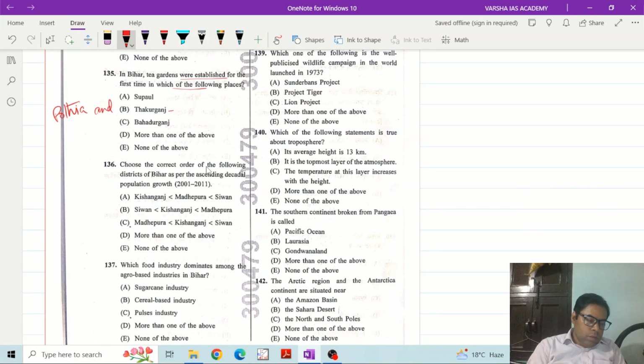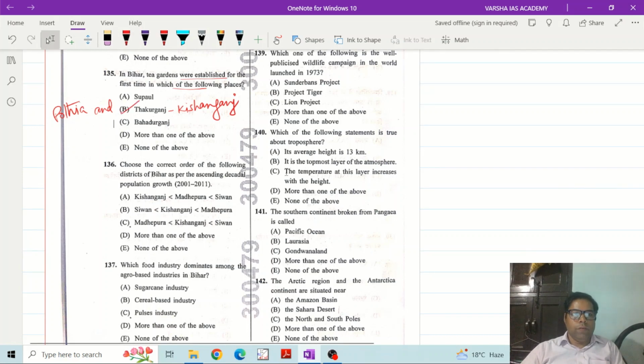So this is in the block of Kishanganj. So this is Thakurganj and Pothia, it was there. So the answer will be B for 135.